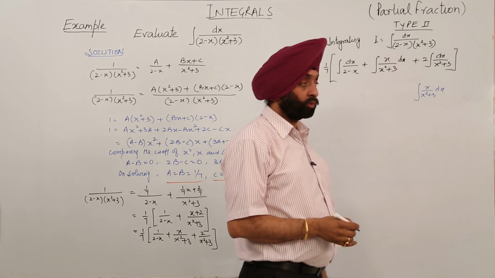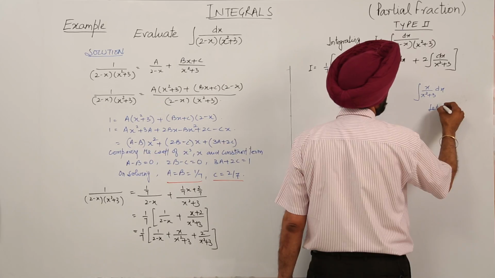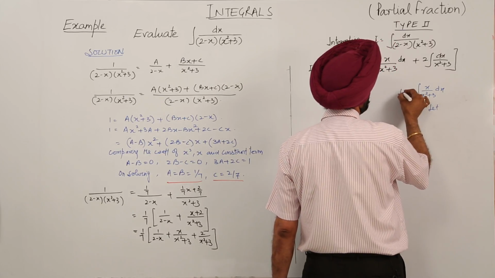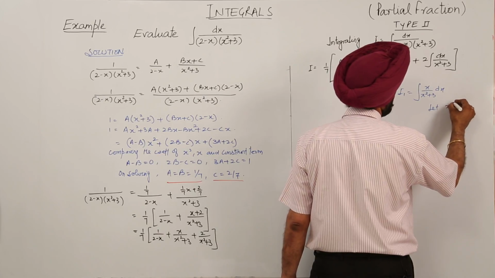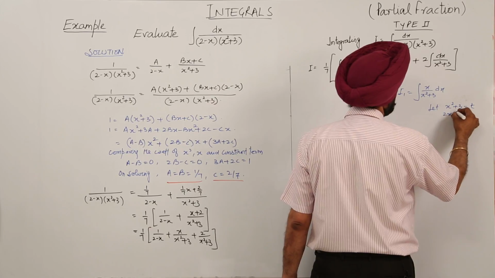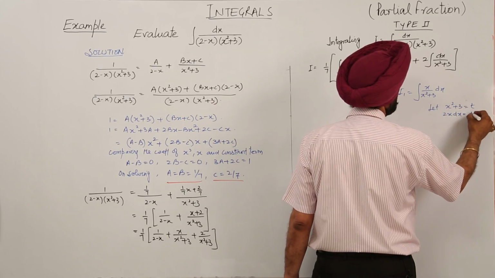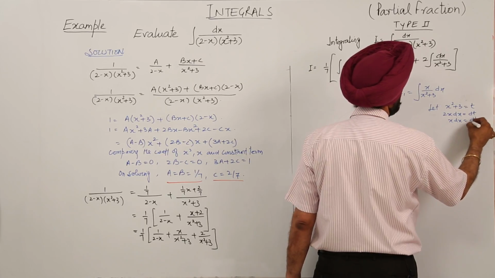So what we are going to do here, we can write it, let I1 is equal to this one, let x square plus 3 is equal to t, 2x dx is equal to dt, x dx is equal to dt upon 2.